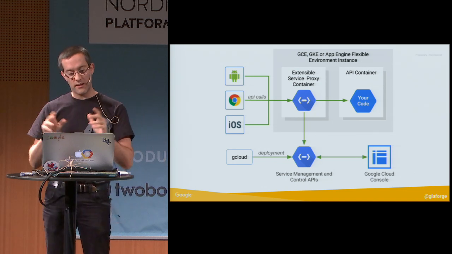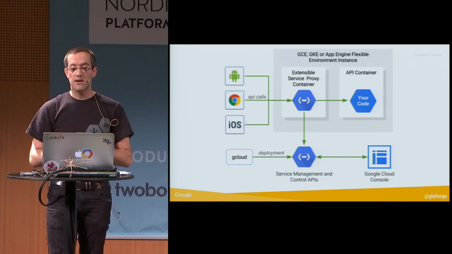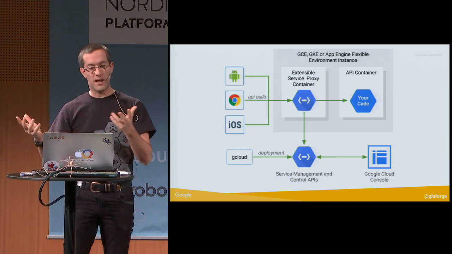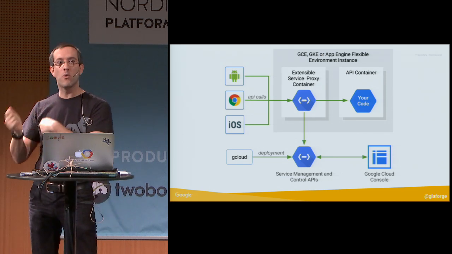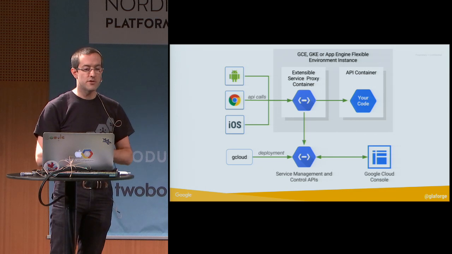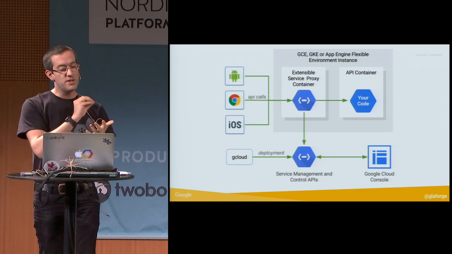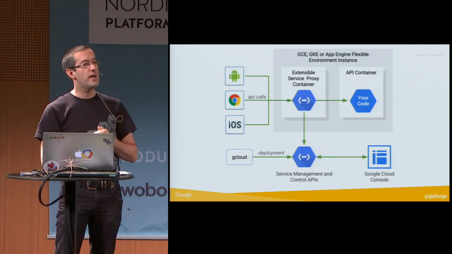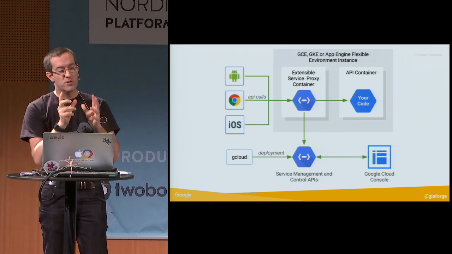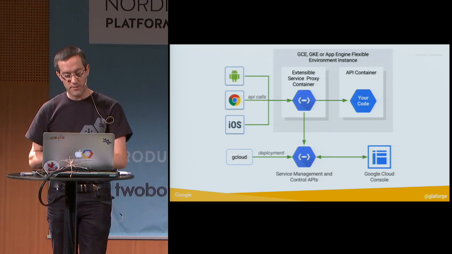As your API and the app scales, Google Cloud Platform might spin up many more apps, many more containers, etc., or instances on Compute Engine. But then there's always one proxy along your API. So the proxy is always as close as possible to the API application.